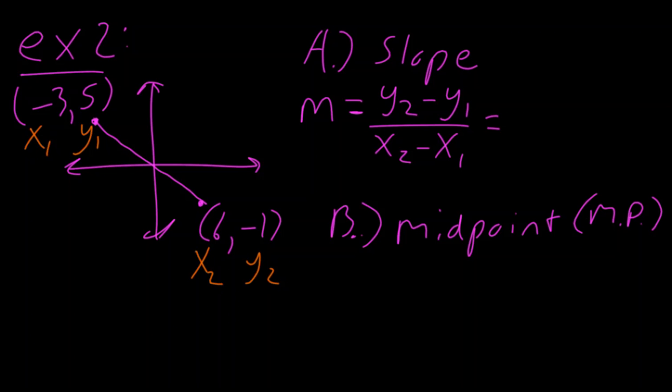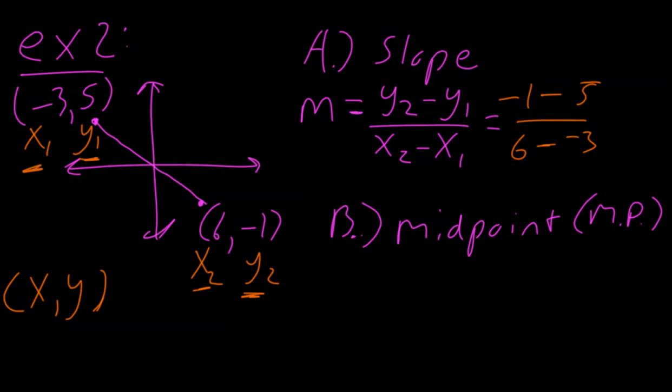And remember, I use x and y because every point is in the form of x, comma, y. Okay, so what's our y2 value? Well, y2 is negative 1 minus, and over here our y1 value is going to be 5 over, and our x2 value is 6 minus our x1 value, negative 3, and of course I get something kind of funky.